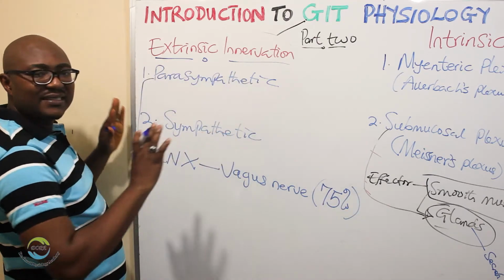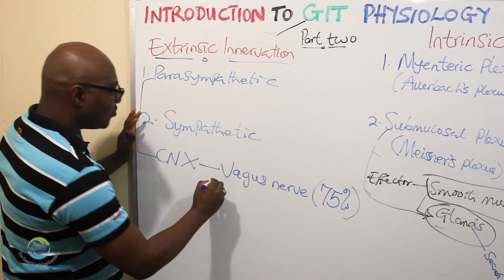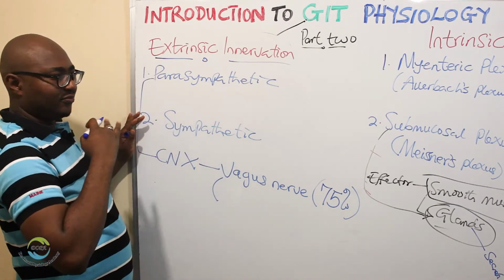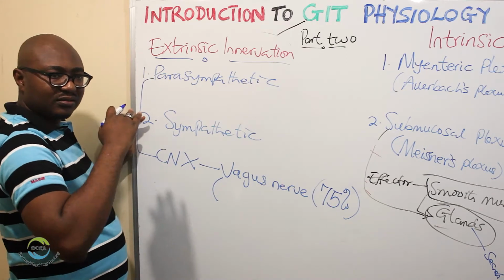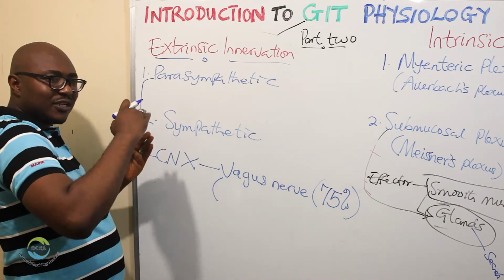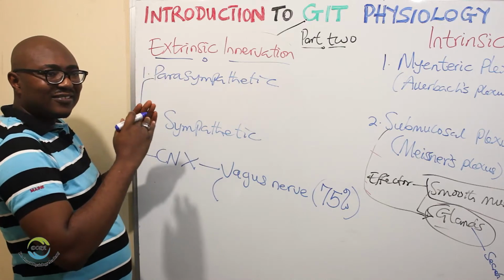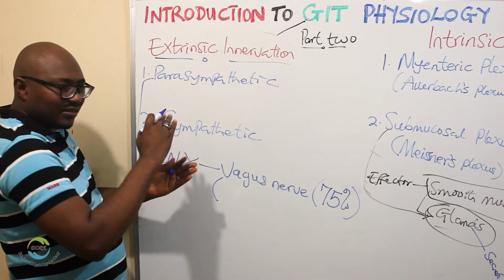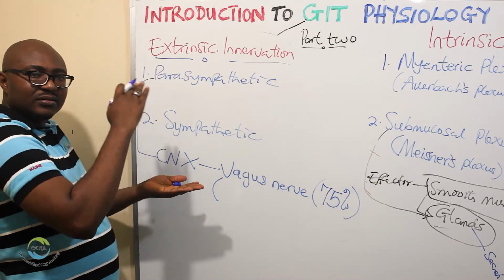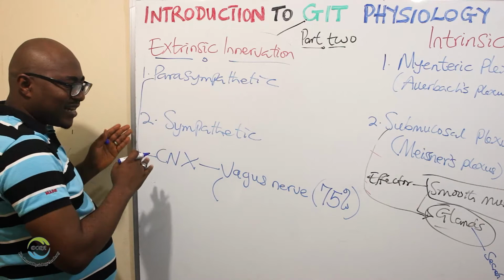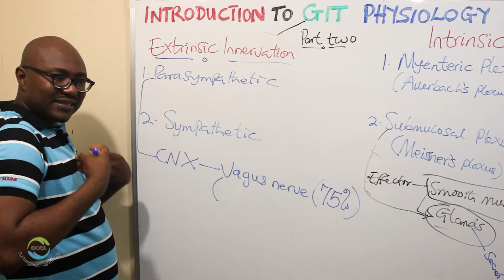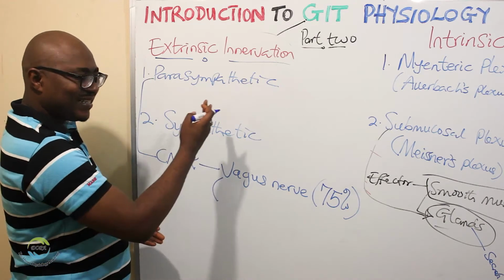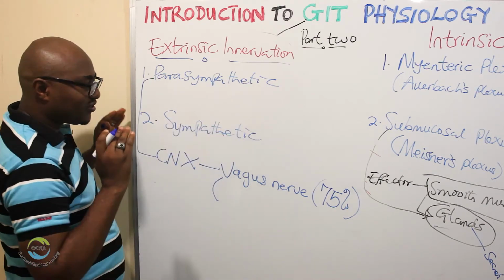of the parasympathetic supply to the upper GIT, okay? From the esophagus, from the middle third of the esophagus. You know that the upper third of the esophagus has skeletal muscle, so it's not supplied by it. So from the middle third of the esophagus down, the stomach, the intestines, to the large intestine, ascending colon, and a little of the transverse colon.